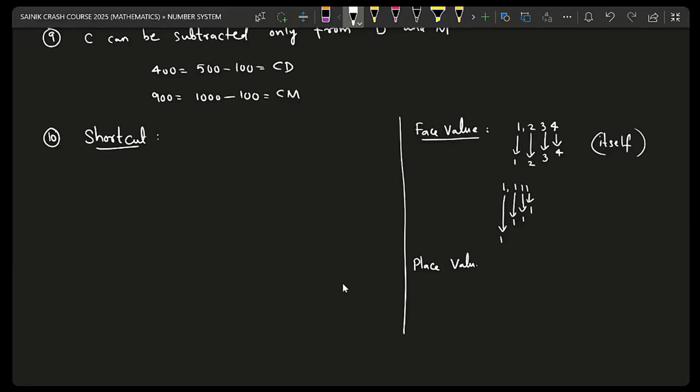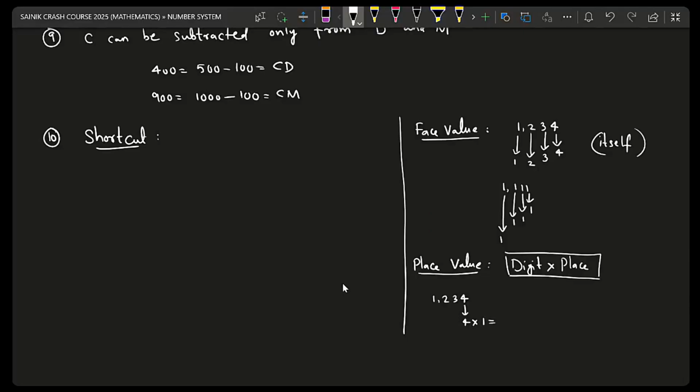What is place value? For the place value of a digit, we have a formula: you multiply the digit by the place where it is present. Let's take the same example, 1234. I want to find the place value of this 4. Which place is it in?